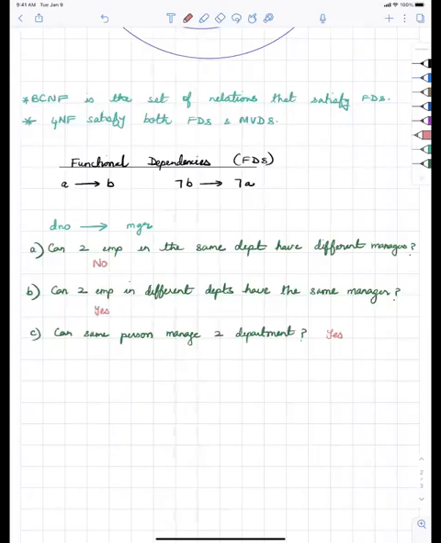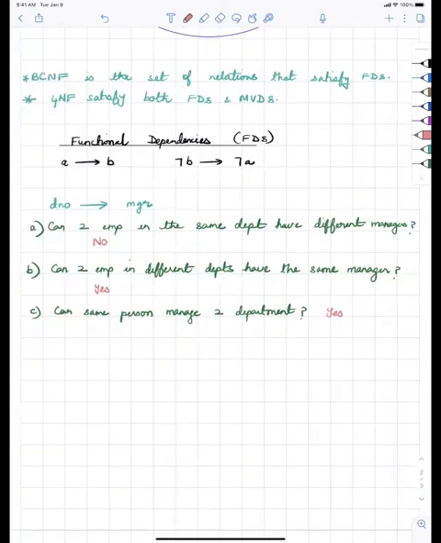So for example, if I picked, you could have department number 1, 2, 3, and 4. You could have Smith here, John here, Smith here, and you could even have Smith here.